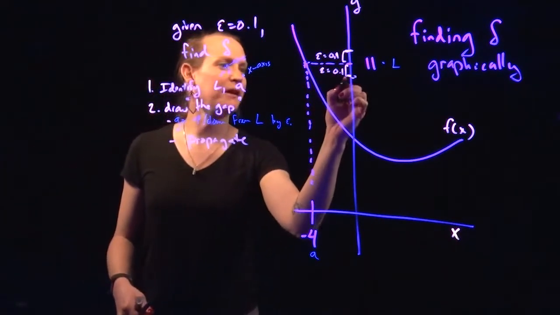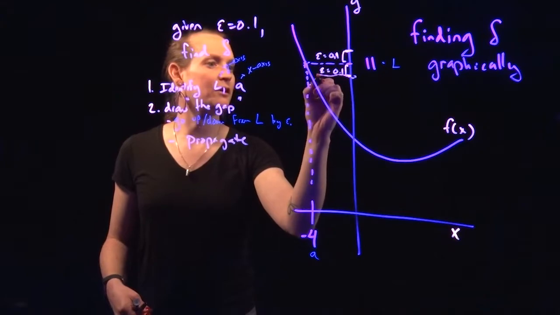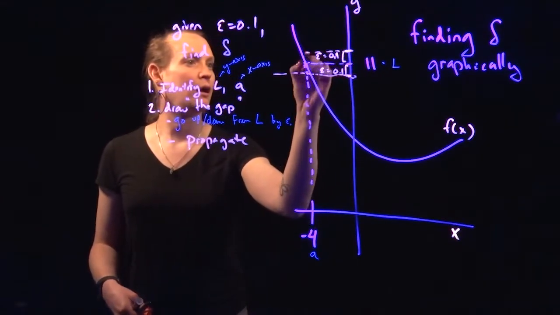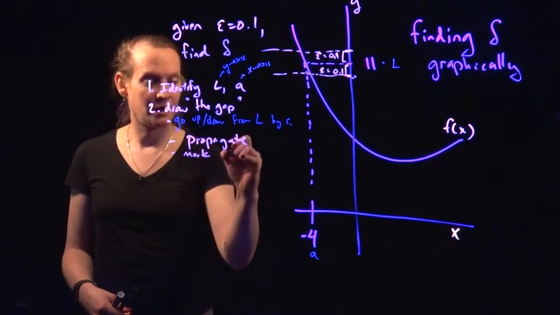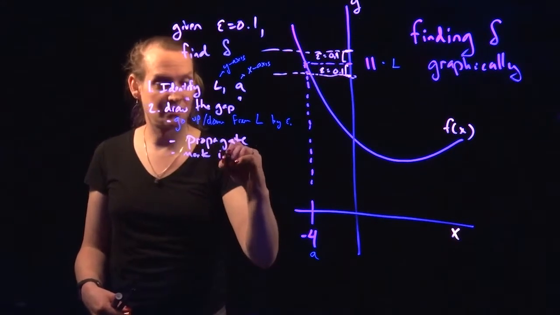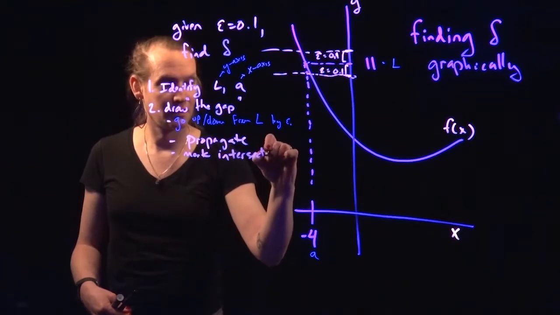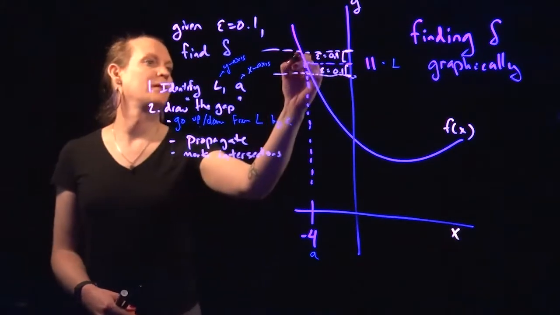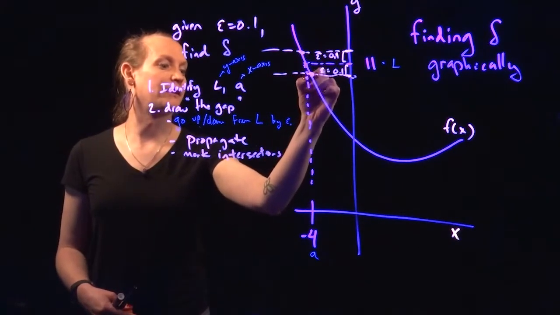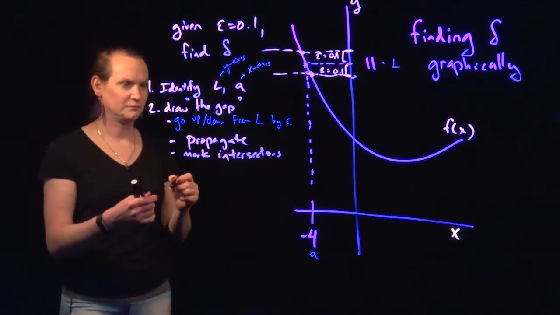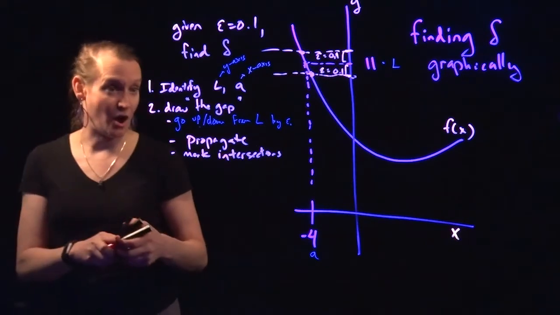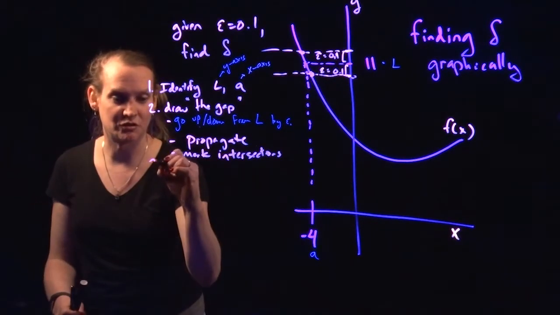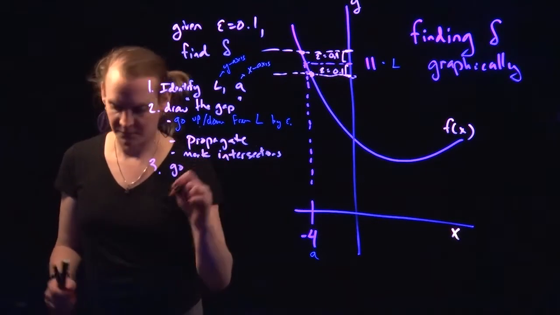Okay, so I'm going to take that and go horizontally, and I'm going to mark those points of intersection. That one right there, and that one right there. I'm going to go down from those points of intersection.